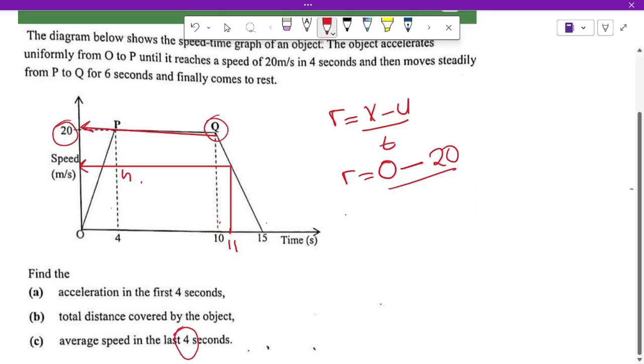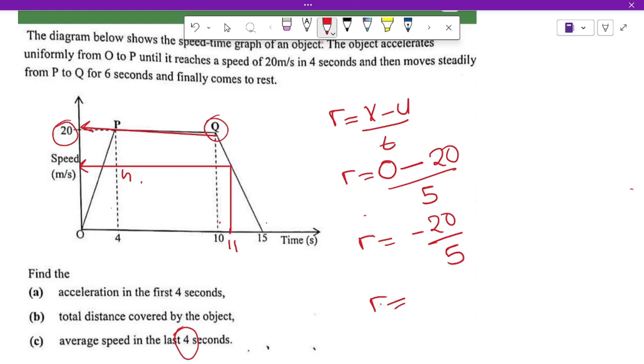So retardation is going to be equal to, no, we're not done yet. We have to say over 5. So retardation is going to be negative 20 over 5. So R is going to be equal to negative 4 meters per second squared.